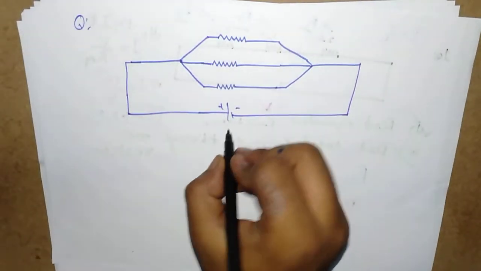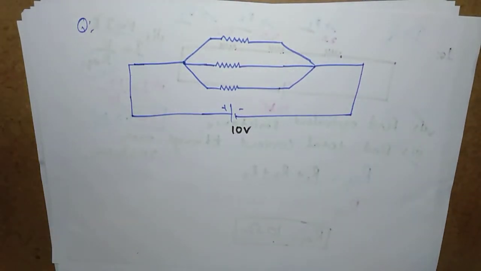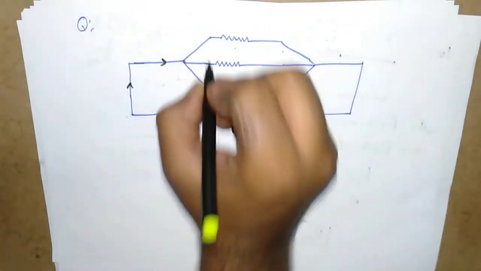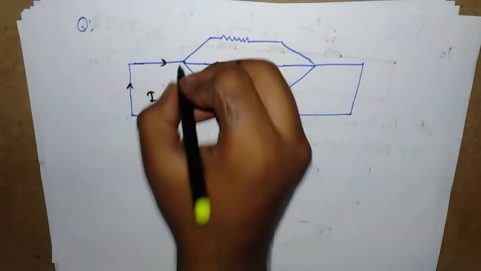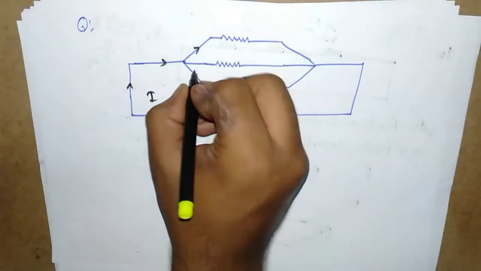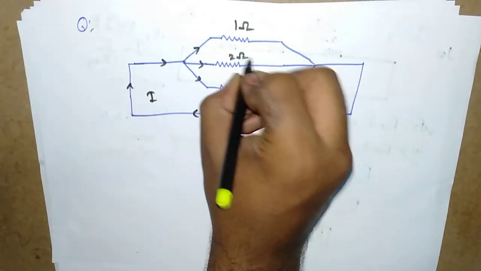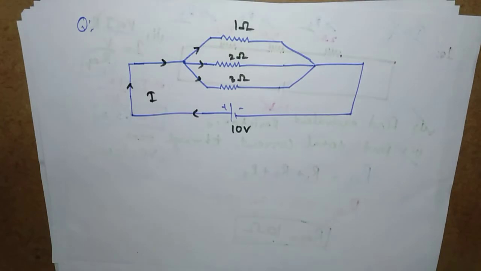So here 10 volts of voltage, so current is flowing like this. I current is flowing, then at this branch the current will be divided. The values of resistance are 1 ohm, 2 ohms and 3 ohms.